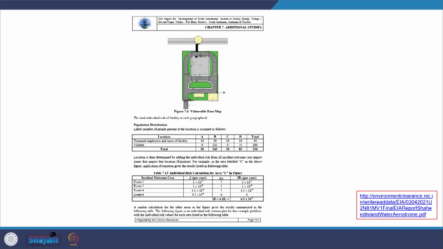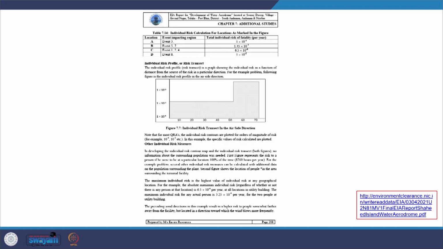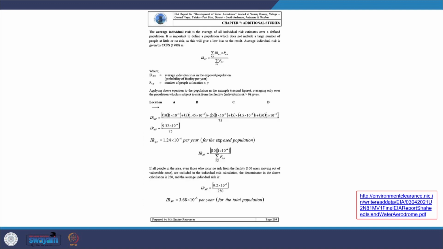So what is the risk of fatalities in this particular facility? You can see at event 3, 5, 7 and all those, what the individual risk fatalities are which can happen every year. So you see the calculations show a very, very low possibility of that happening.